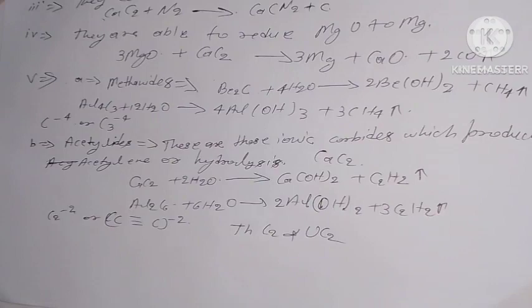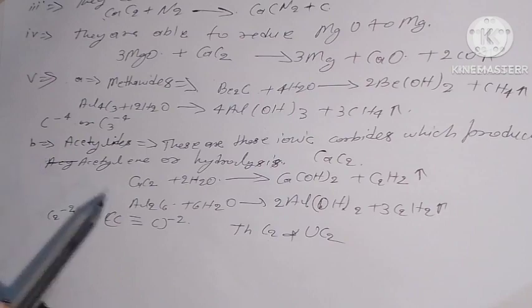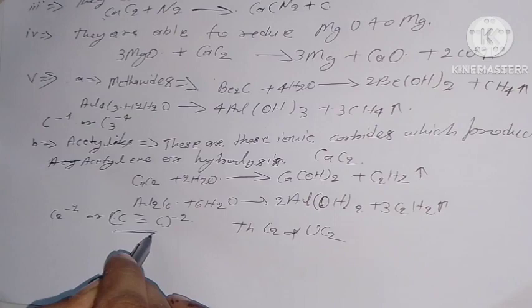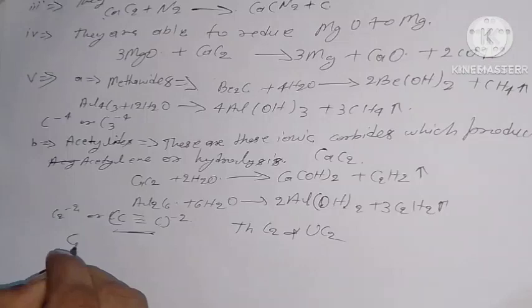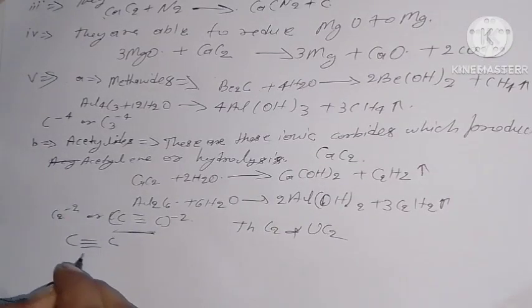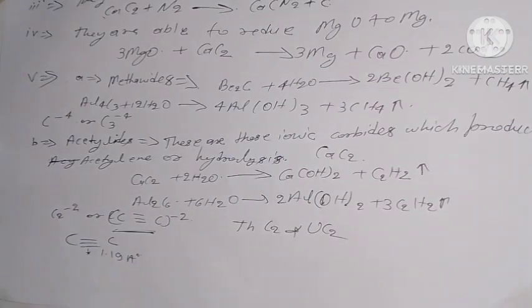Most of the acetylides MC2 have the CaC2 structure. In these acetylides, the carbon triple bond carbon 2- ions are situated lengthwise in the same direction along the axis. The carbon to carbon bond distance is 1.19 angstrom.